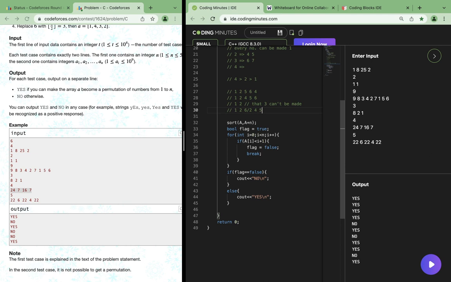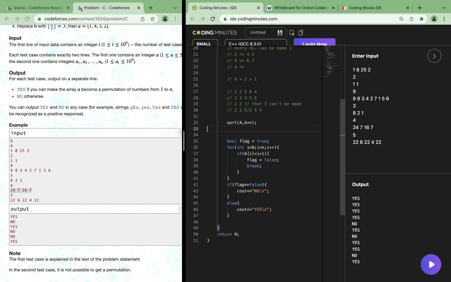Maybe we can scale down every number to its utmost, like divide every number by 2, and then check. Maybe. Yes, we can do that, but should we do that?